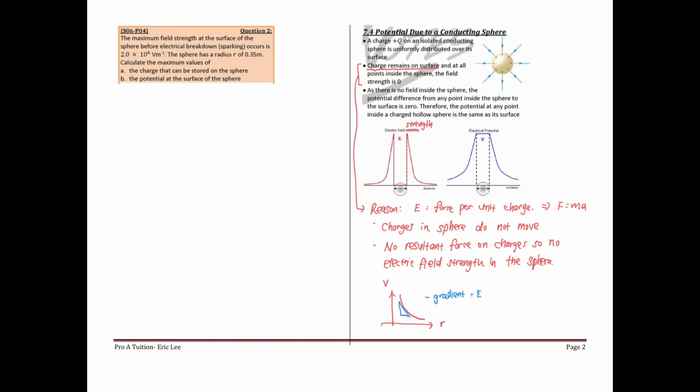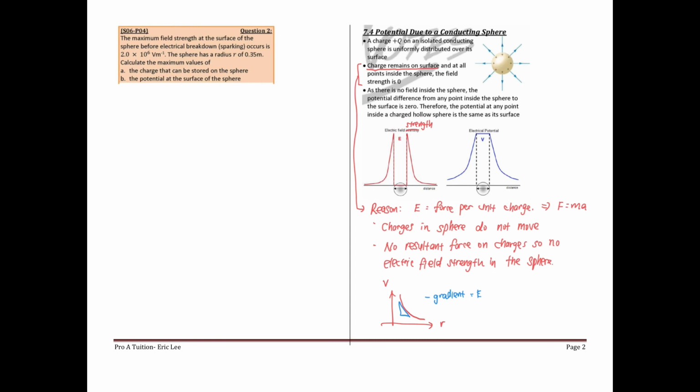Work done is there when there is electric field strength, but there is no electric field strength, so no need to do any work. So there is no change in the work done to bring the charge from inside the sphere to the surface. That is what they are trying to say.